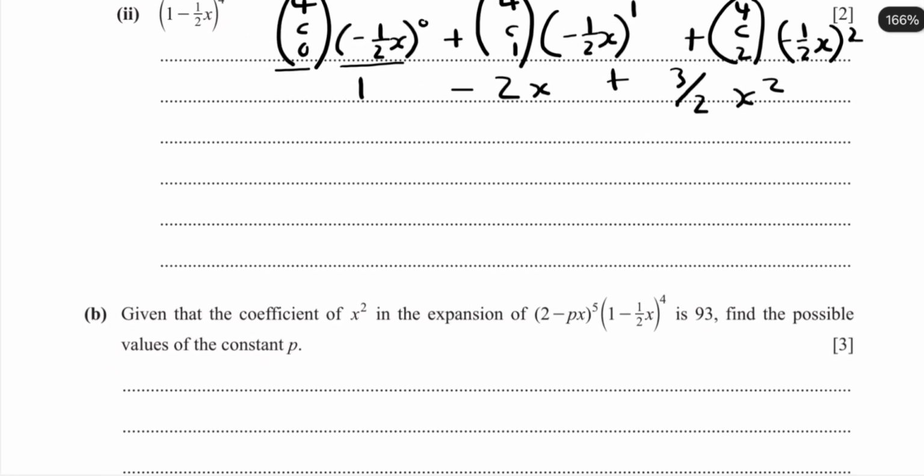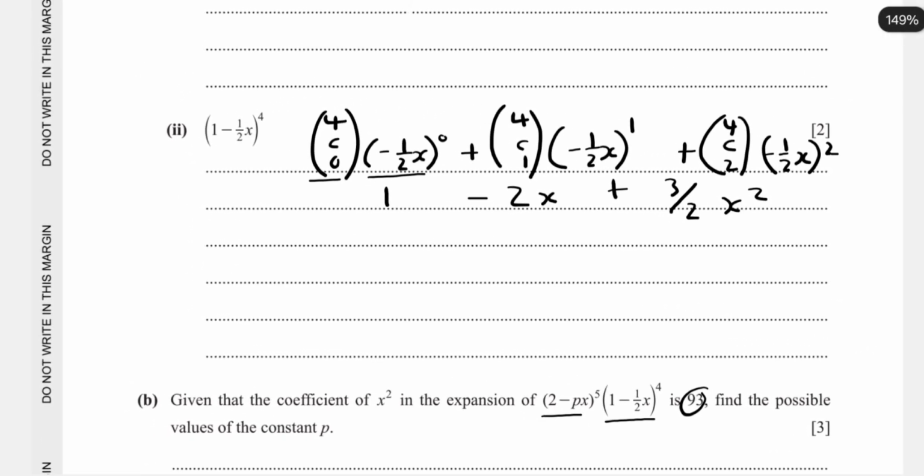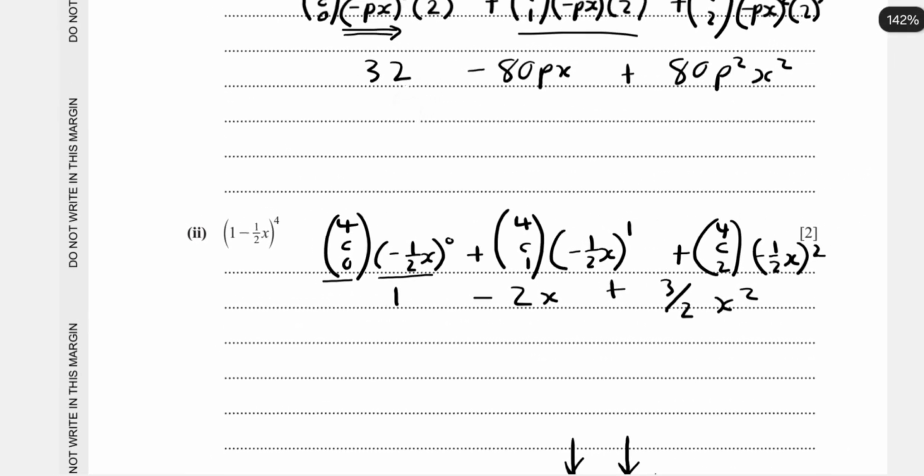Then for part B, it says given that the coefficient of x squared in the expansion of this being multiplied by this to the power 4 is 93, find the possible values of the constant p, right? This was the expression that we were given in the first part, and we're given this one in the second part.